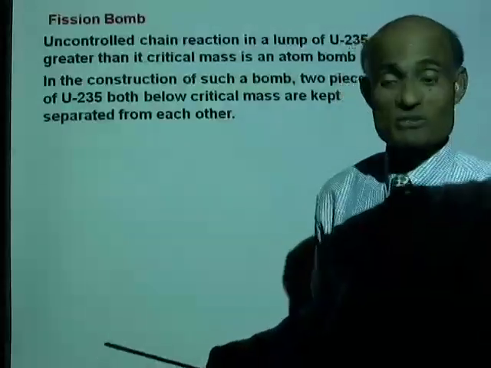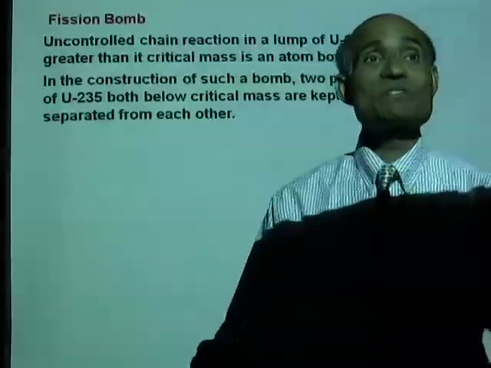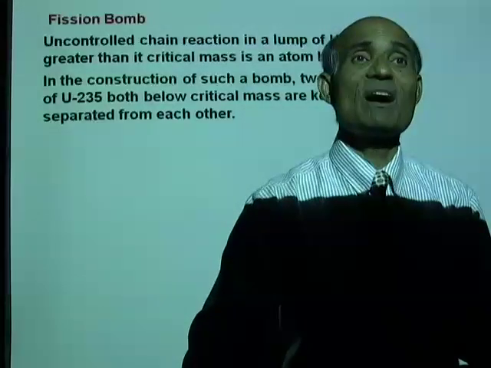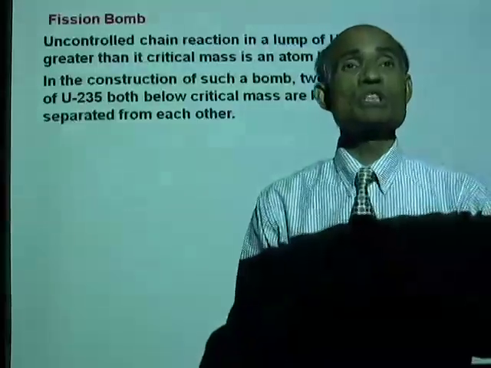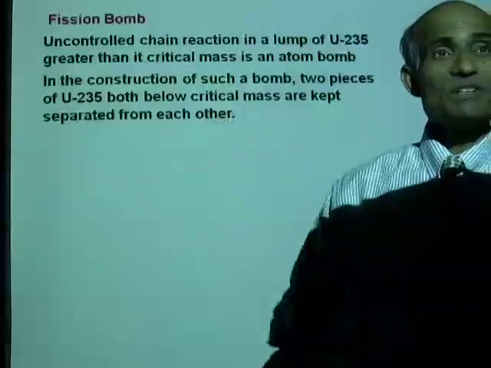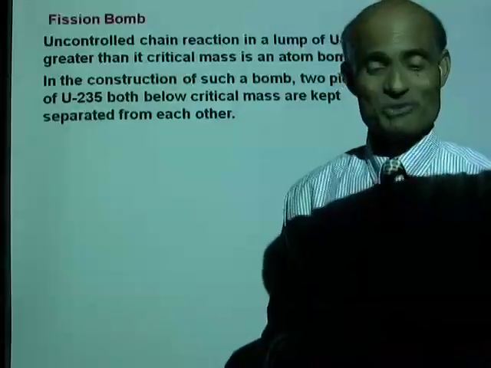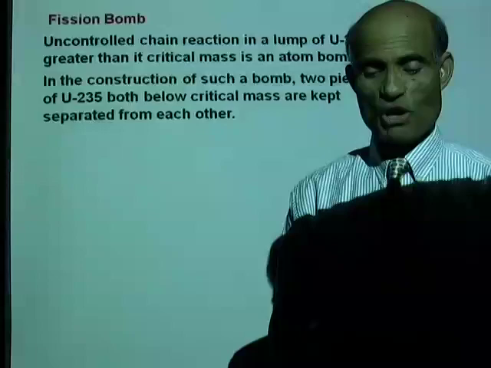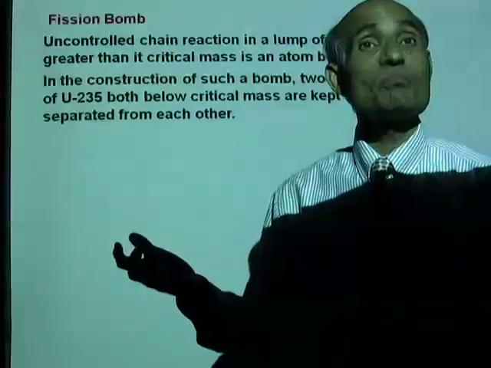In the construction of such a bomb, two pieces of uranium-235 are both below critical mass and kept separated from each other. That is the trick of making and carrying a bomb.